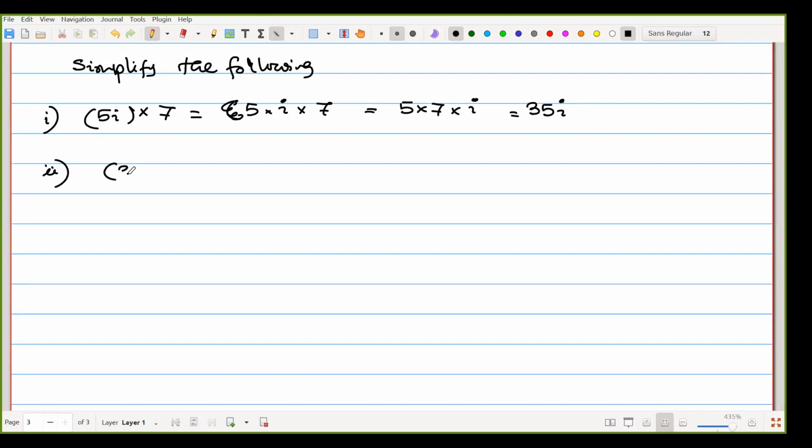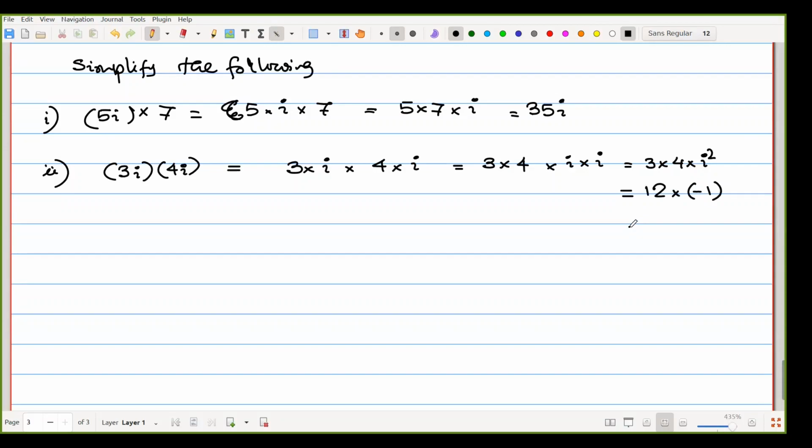Second one, 3i into 4i. So here that is 3 into i into 4 into i, or 3 into 4 into i into i. That means 3 into 4 into i square. Now 3 into 4 means 12 and i square means minus 1.